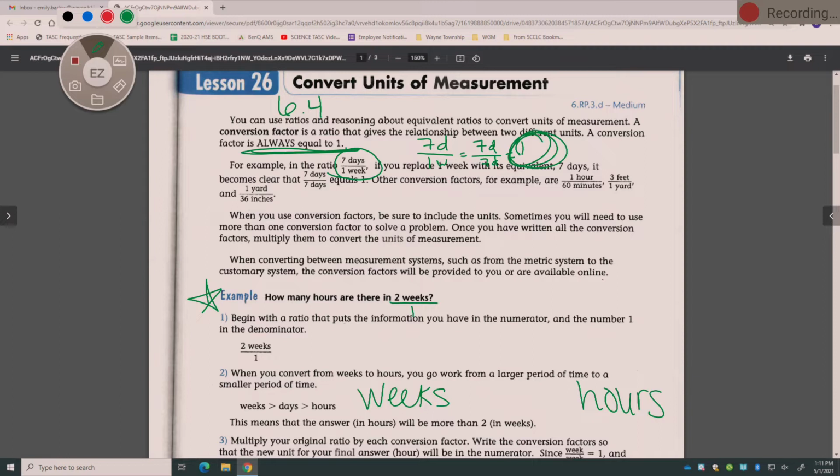Weeks can easily be divided into days, and days can easily be divided into hours. And so we look at the largest period of time, which is our weeks, and then we break it down into days, and then we break it down into hours. So those are the conversions that we're going to be using.